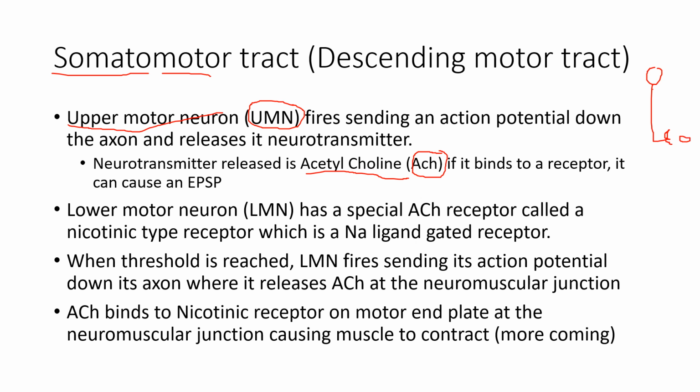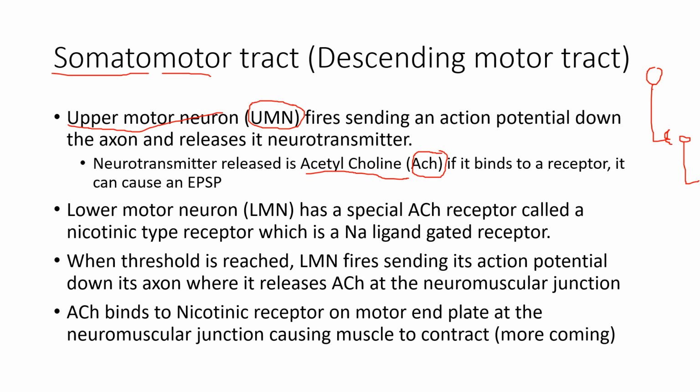That second neuron would be the lower motor neuron. The reason we call it lower motor is because it's lower from the brain. So acetylcholine will bind to a receptor here on the lower motor neuron. And acetylcholine usually is a ligand for sodium ligand-gated receptors, which means that will bring it closer to threshold.